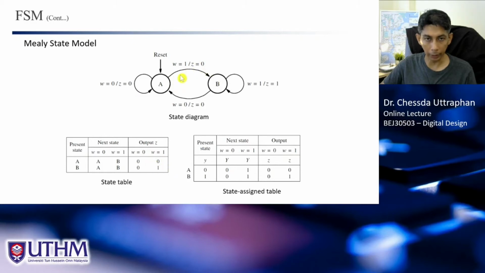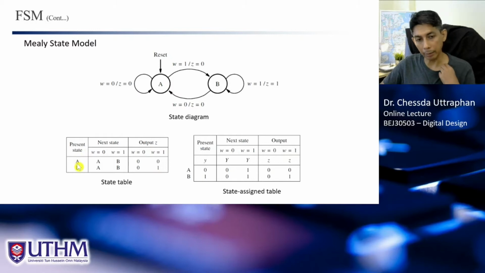For B, when we are in state B, the next state when w equal to 0, we need to go to A. But when w equal to 1, we remain at B. For z, when w equal to 0, z equal to 0. When w equal to 1, z equal to 1. So we have the state table.